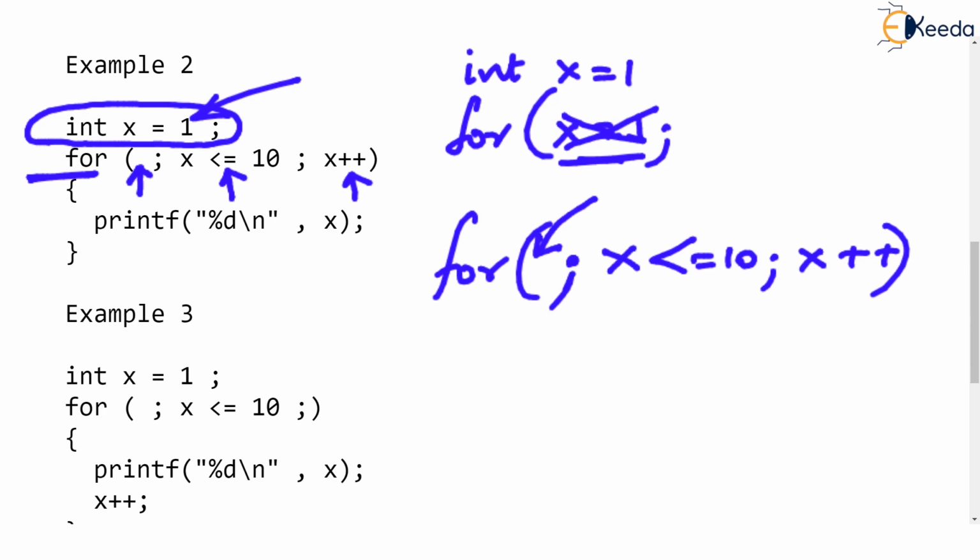The grammar of the for says that there should be two semicolons, in which the first semicolon should be preceded by initialization. Although you are not giving initialization, you should still give a semicolon and then the other two parts. So what will be the output of this? Obviously, it will be 1 to 10 because x begins with 1 and goes up to 10 with x plus plus. So again, the output will be 1 to 10.